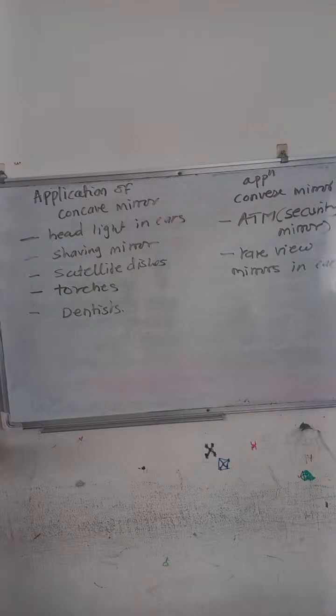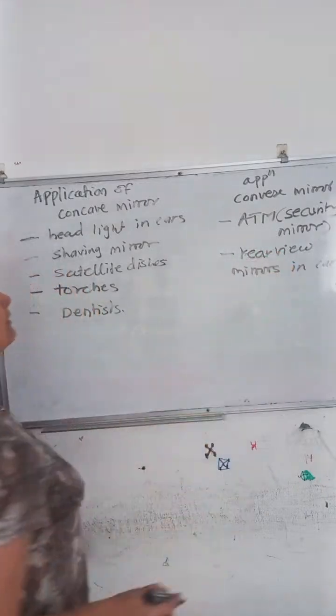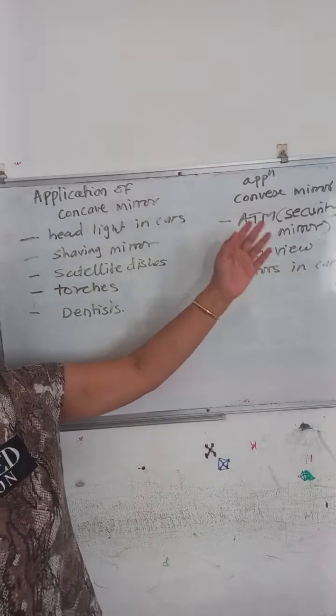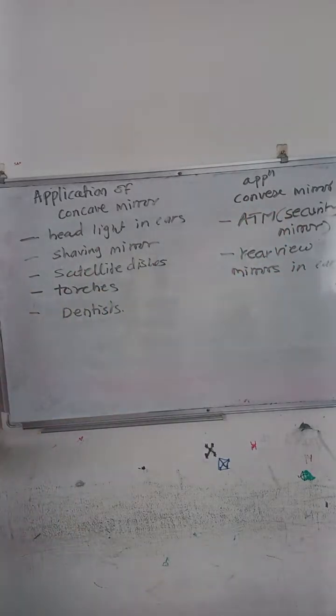Rear view, R-E-A-R, rear view mirrors in cars. It provides a larger and wider view of the road behind us. So those are the applications of the convex mirror.